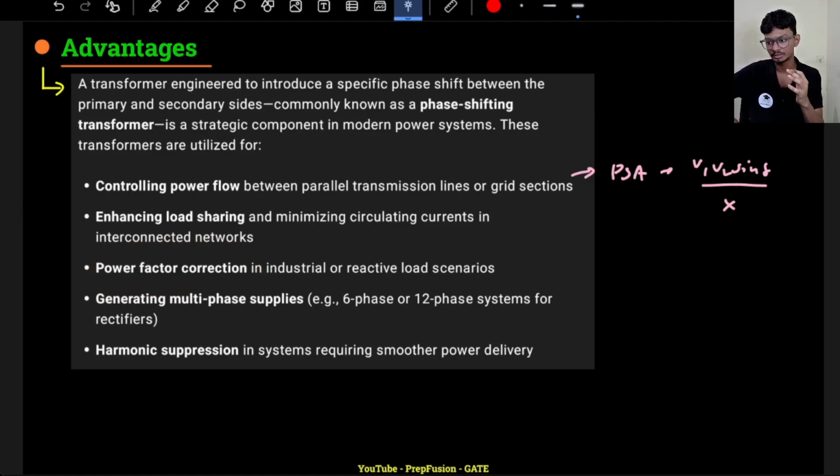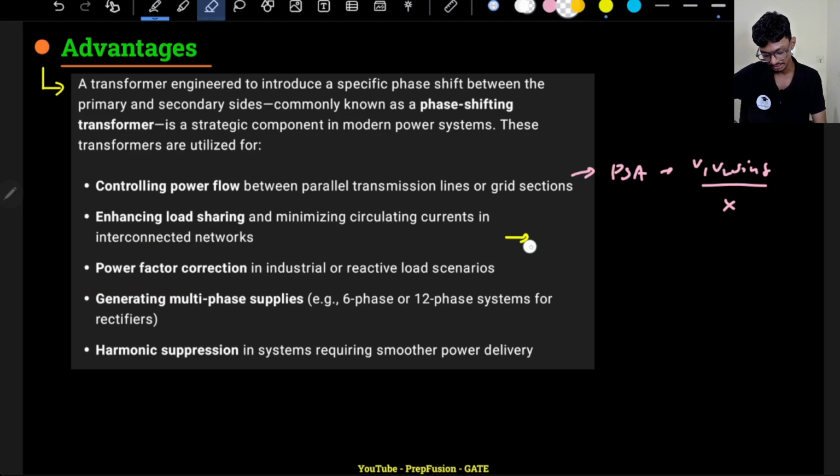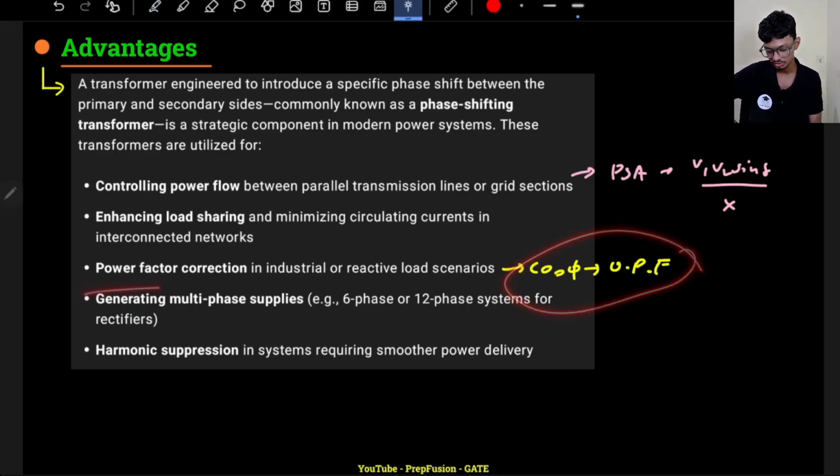If somehow I am able to provide a phase shift of minus 30 or plus 30, whichever one is better, that will further get my goal, that is my power factor cos phi will be closer to unity power factor, and I always want my power factor to be close to unity, so losses will be less, so the actual current taken will be less.